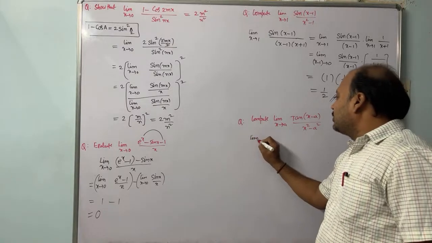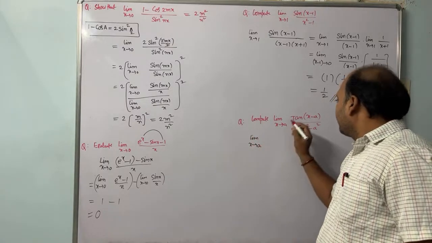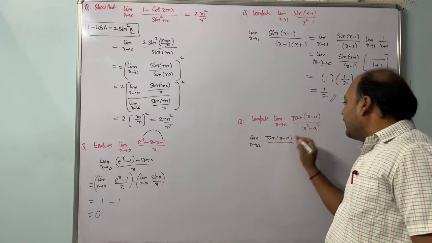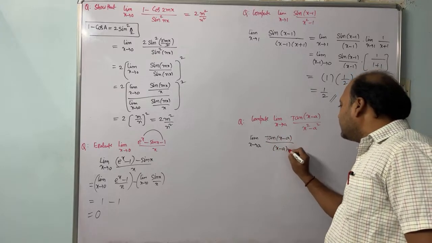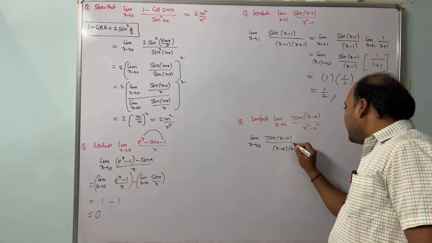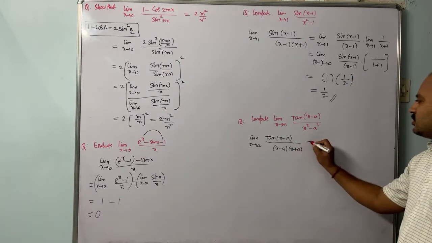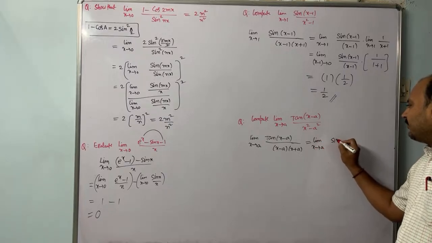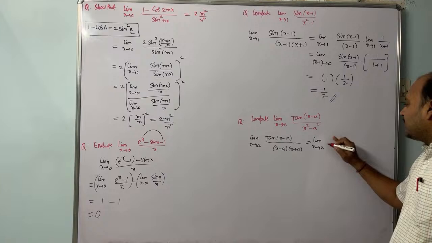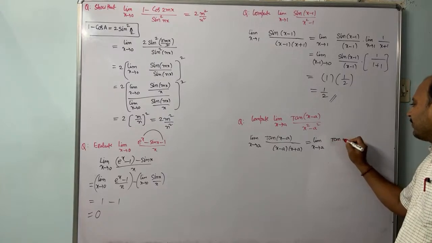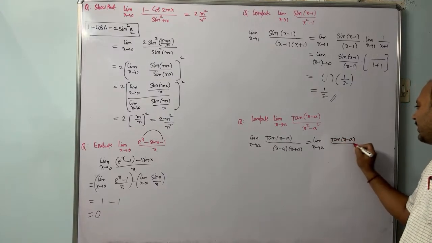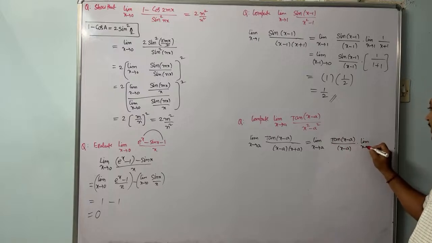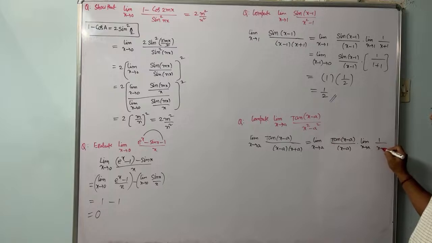Limit x tends to a, tan of x minus a divided by x square minus a square, which can be written as x minus a into x plus a. So here also we are going to split into two terms. Limit x tends to a, tan of x minus a divided by x minus a into limit x tends to a 1 by x plus a.